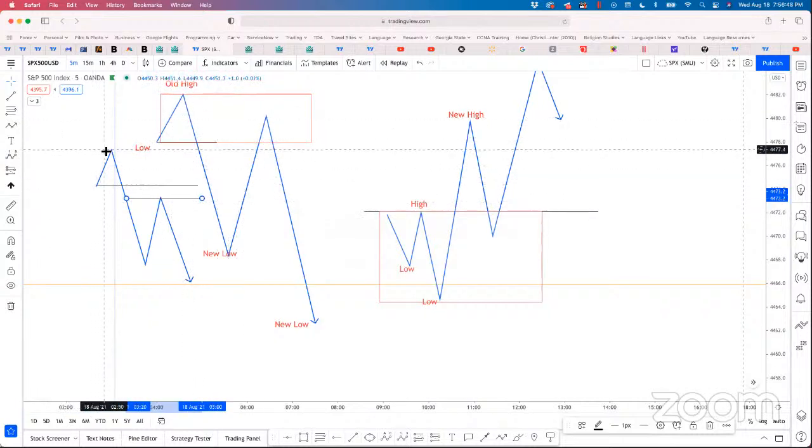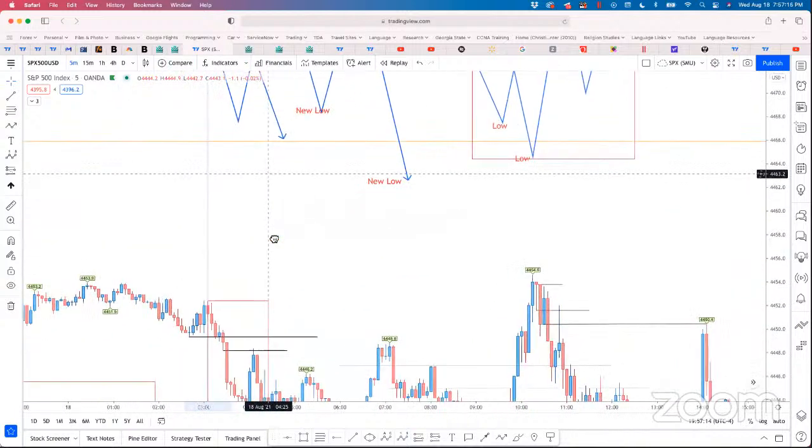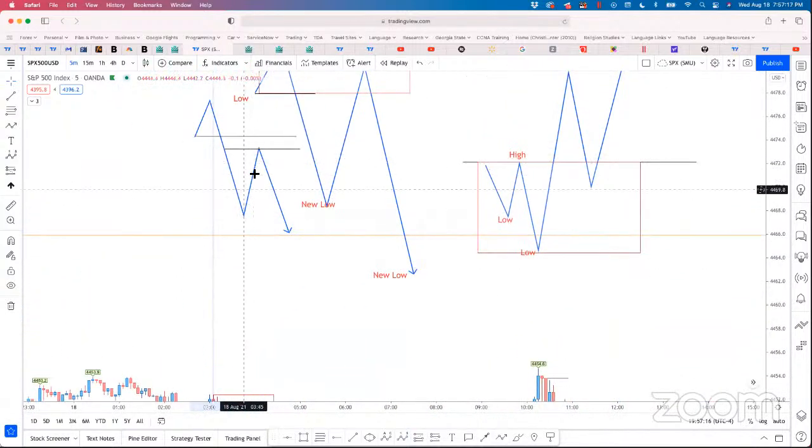Low, high, new low, trade into this area, reject it. You would have got the new low right here, and you would have got an even lower low right there. Just off of this right here.